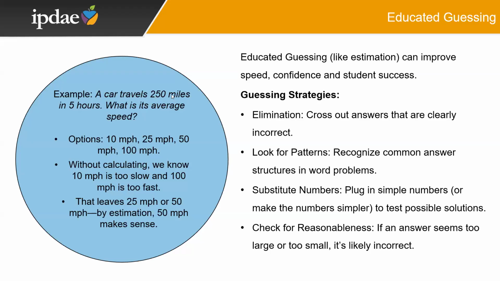That's the way our students would say it. 250 miles, 100 miles, that's only 2 hours or so, right? But on the other side of things, they might say, like we mentioned, 10's too slow. But now we've got the 25 and the 50 that we have to work through a little bit more. And through a quick estimation, the 50 miles an hour would make the most sense, and through simple math is clearly the right answer as well, right?